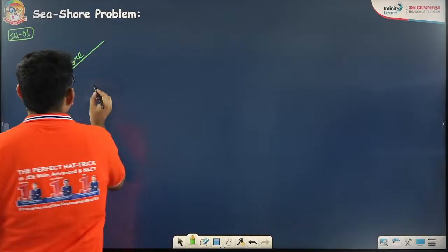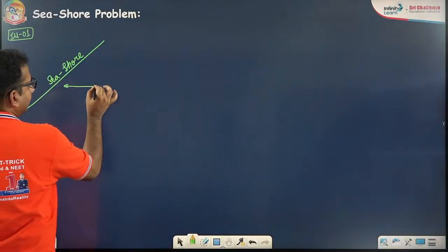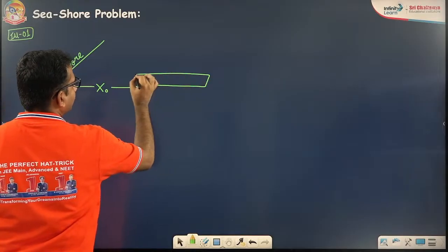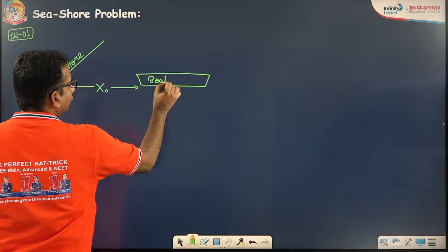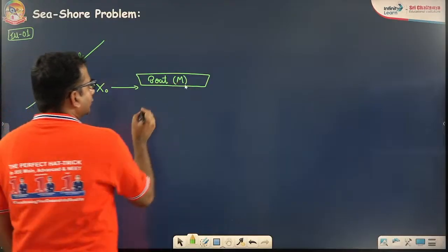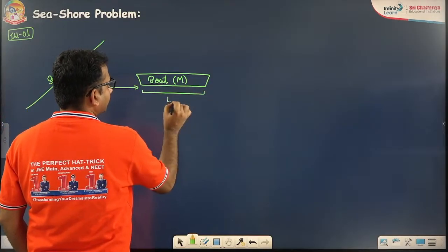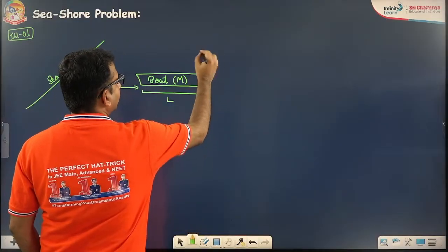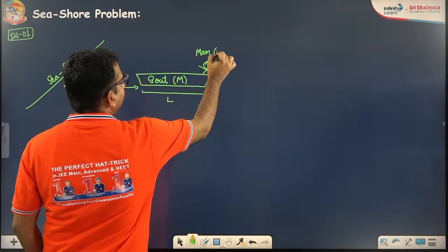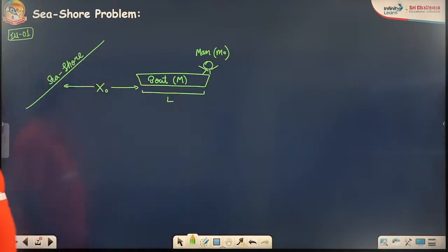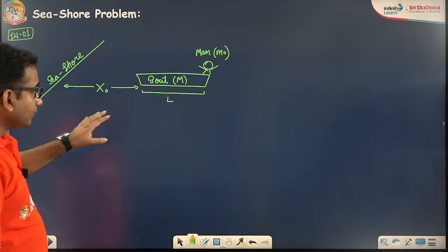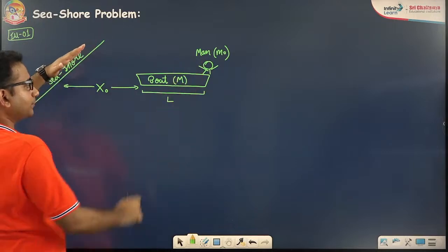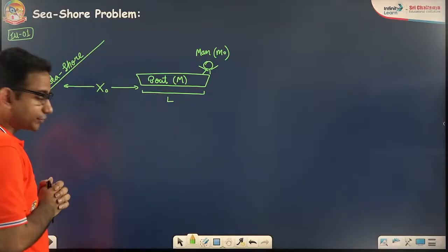And at a distance of x0 over here, there is a boat of mass m, and its length is L. And there is a man of mass m0. This is the situation. Now, what is the initial separation of the man from the seashore? That is L plus x0.